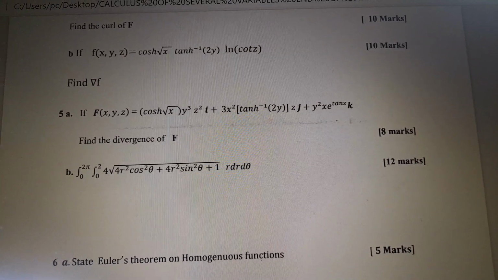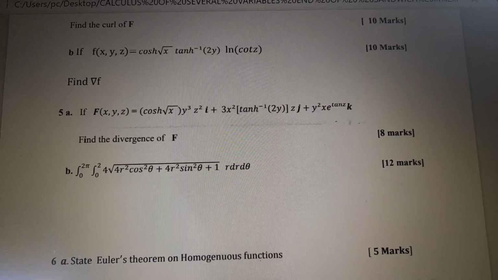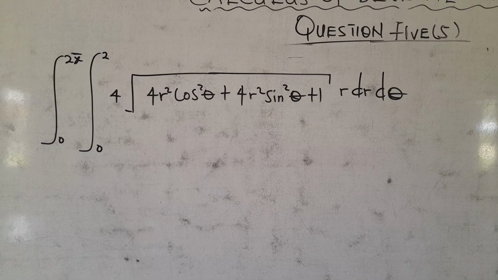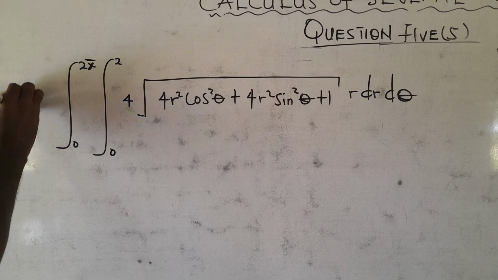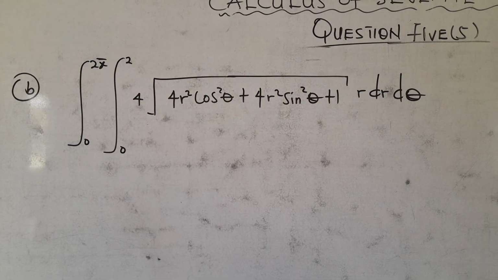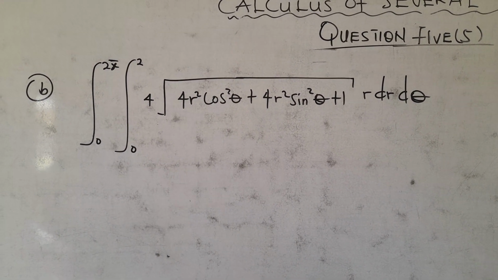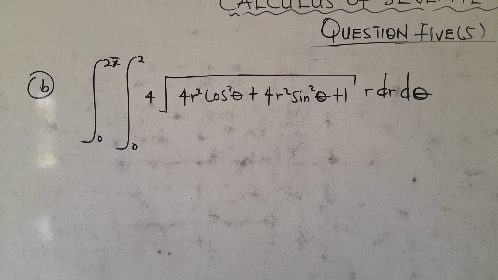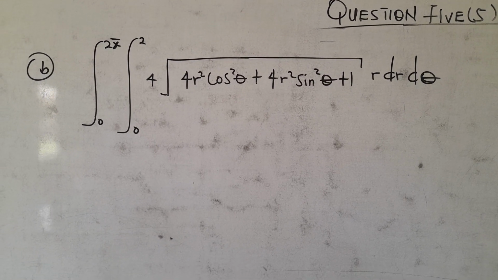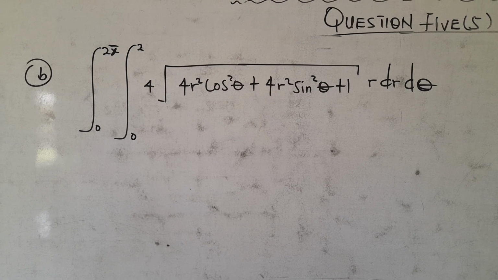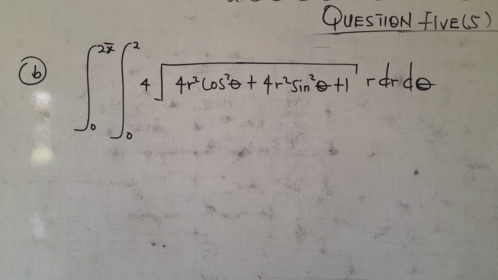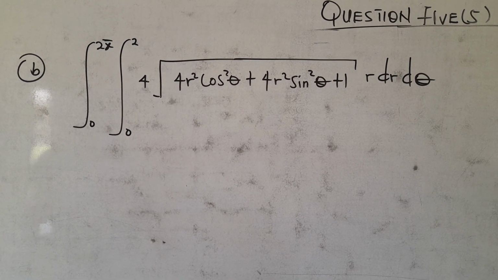And that is worth 12 marks. So we are going for the B aspect of question 5. This is a problem where our surface integration results in polar integration. However, it is well simplified for us to solve. So this is just a mere double integration problem. We just solve this simply.